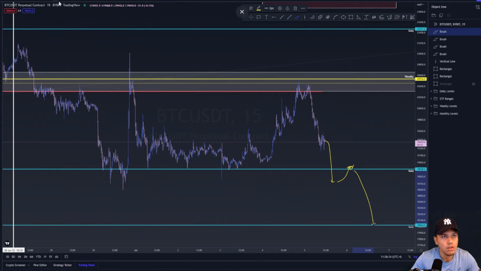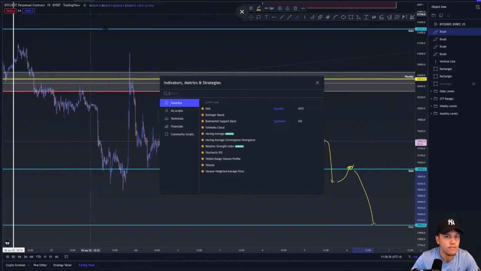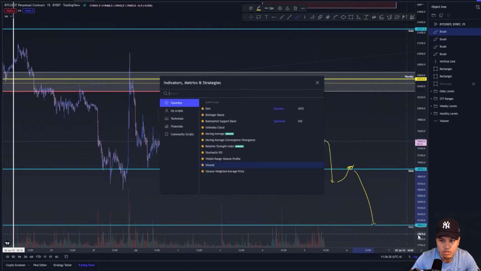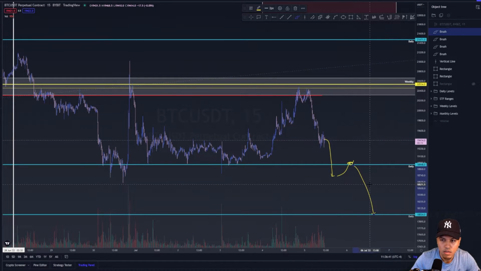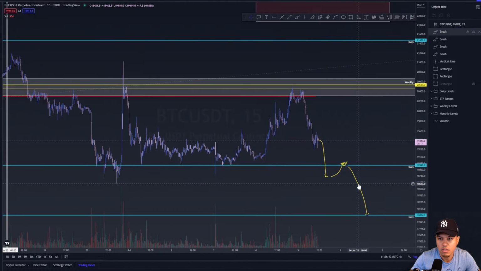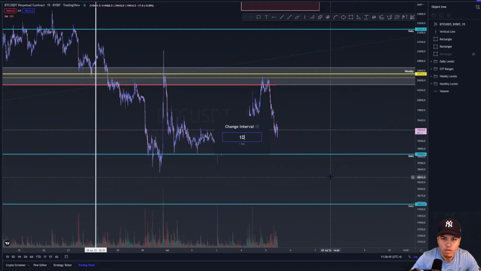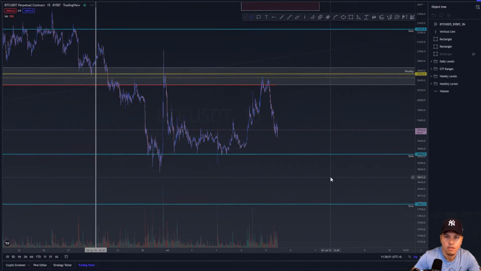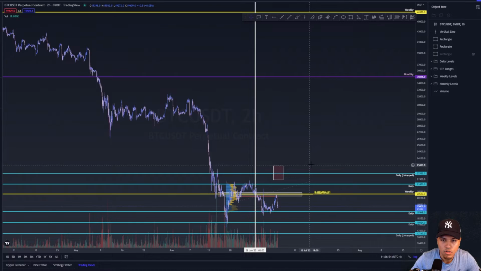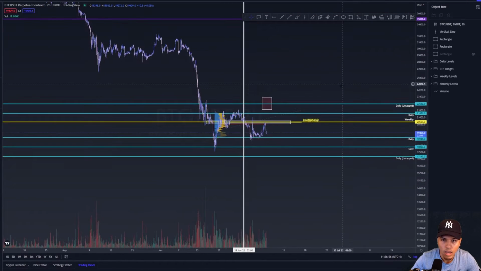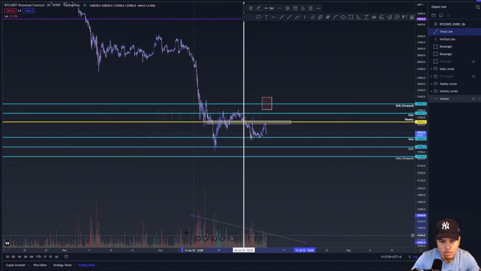Now, there's a lot going on behind the scenes as well. If I can get my volume up on the chart here, we can see that, let's also take this out, make it a little cleaner. On a much higher time frame, we see that the volume is dropping off, right?